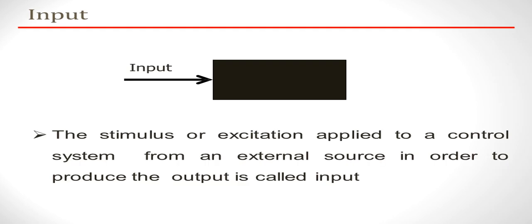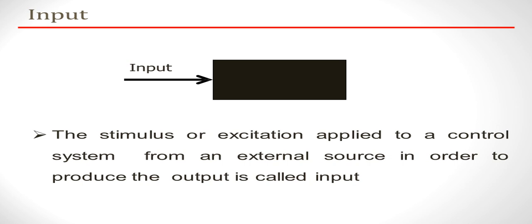First point is input. See what is input. Here is one block and the signal given to it is input, from an external source in order to produce the output.